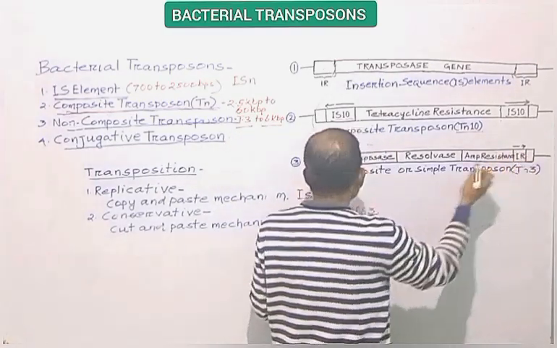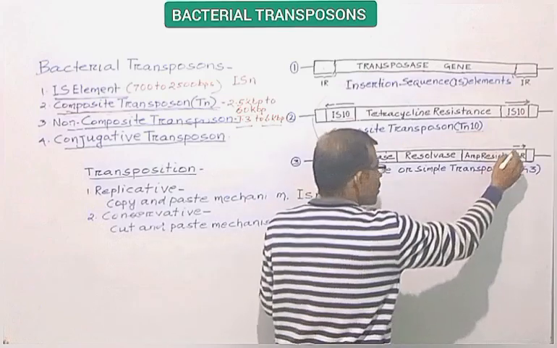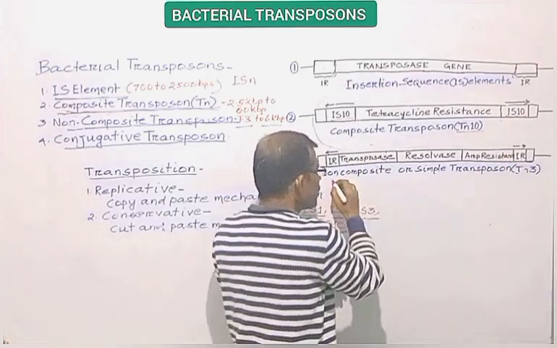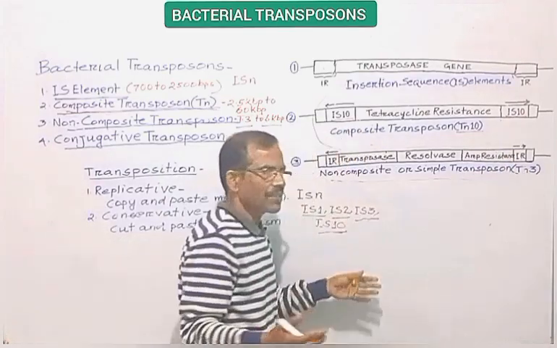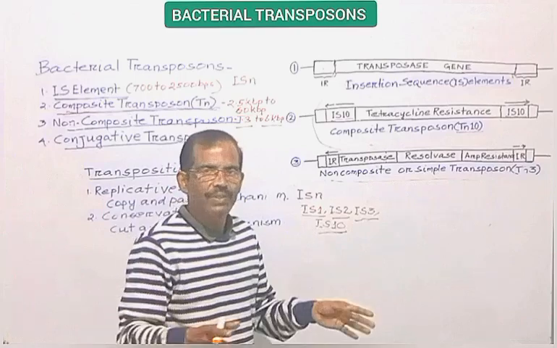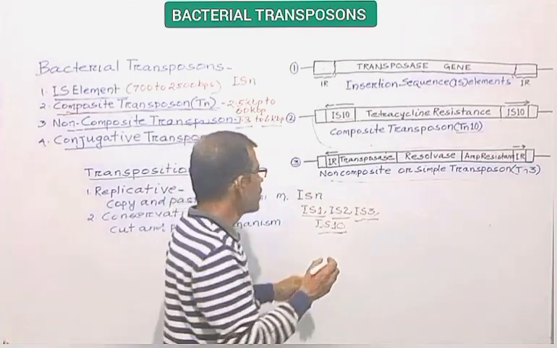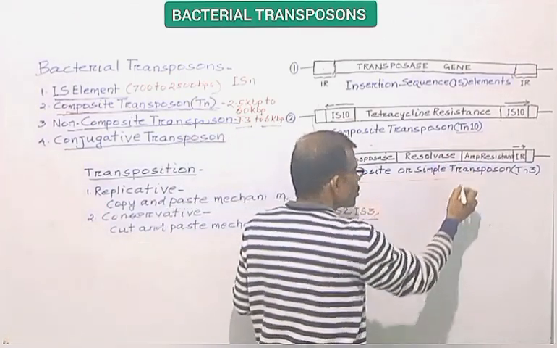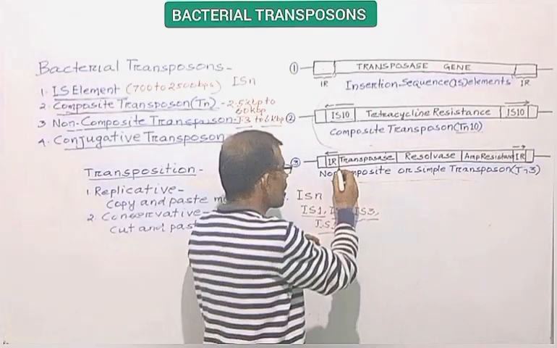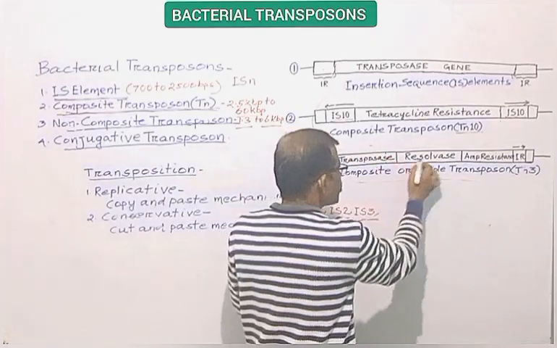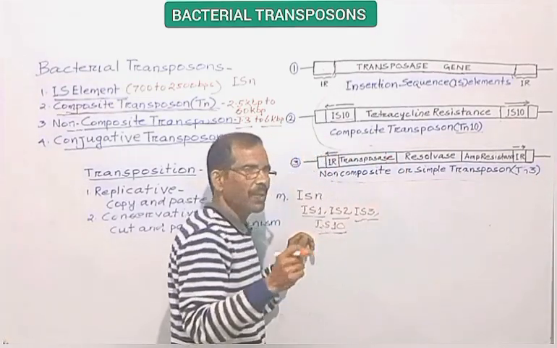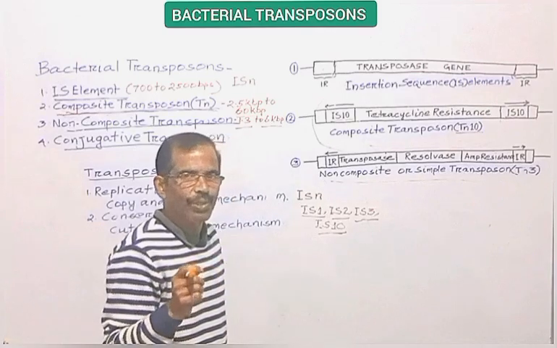These are the two short terminal inverted repeats. So in these mobile elements, insertion sequences are absent, and the coding region contains genes for enzymes such as transposases and resolvases, which are implicated in transposition.